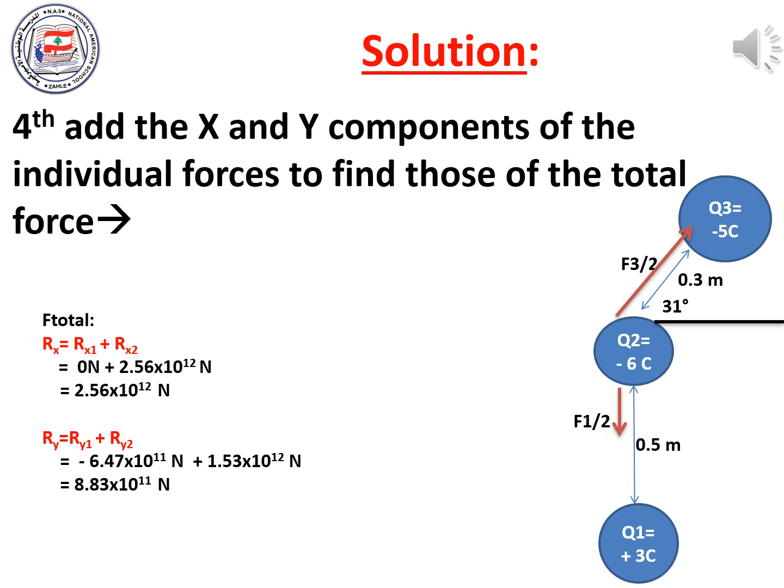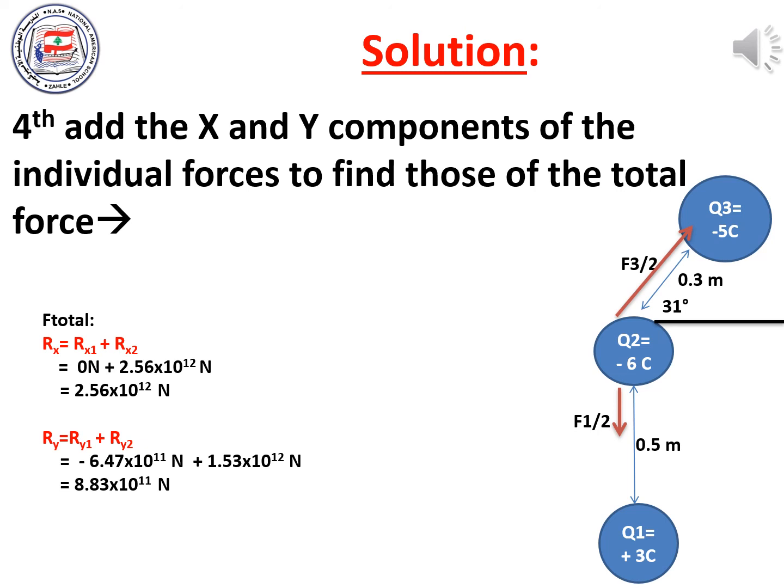In the fourth step, we add the x and y components of the individual forces to find the x and y components of the total force. So the total force has an x component equal to Rx1 plus Rx2, which are the x components of force 1 and force 2. So it is equal to 0 newtons plus 2.56 times 10 to the power 12 newtons, equal to 2.56 times 10 to the power 12 newtons.